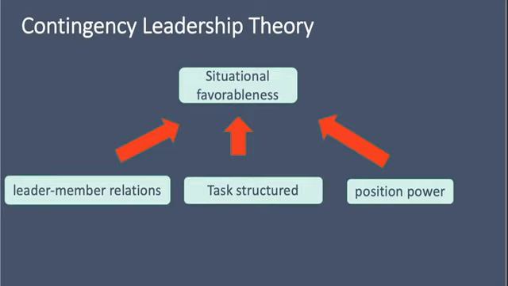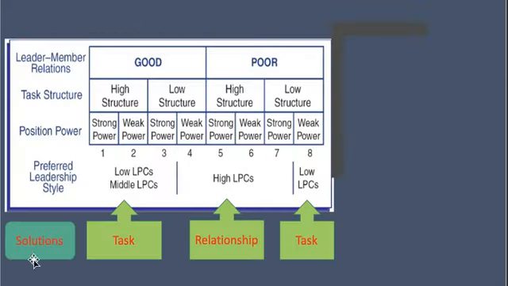Situational contingent leadership theory is a little bit complicated. We need to apply these things to this model. In this model, again, we have leader-member relations, we look at the task structure, and we look at the position power. So we classify into different situations. If the situation falls into 1, 2, 3, and A, we will recommend the leader demonstrate a task-oriented leadership style.